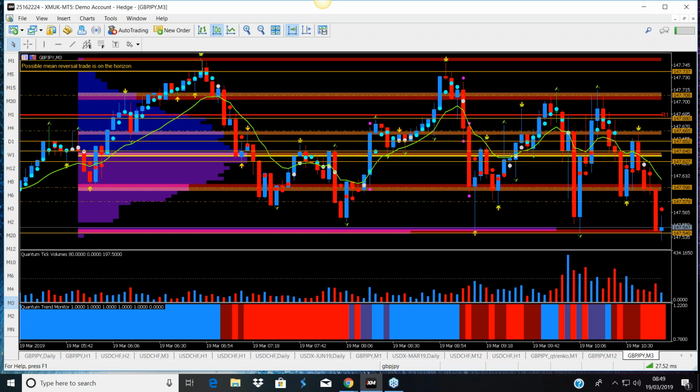What is the extent of the congestion phase I'm looking at? And more importantly, if we do get a close away from this region, what have I got below? Is there more support and resistance, or in this case support, which is likely to come into play? Have I got more volume nodes building on the slower time frames, and so on? And you factor all those things in.